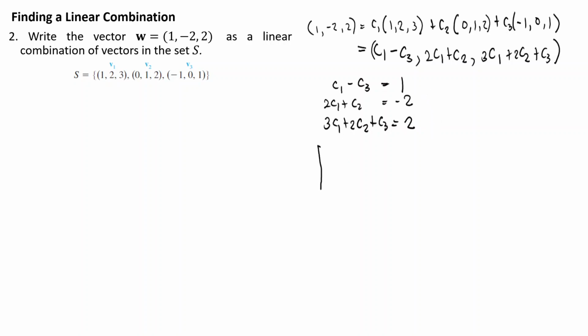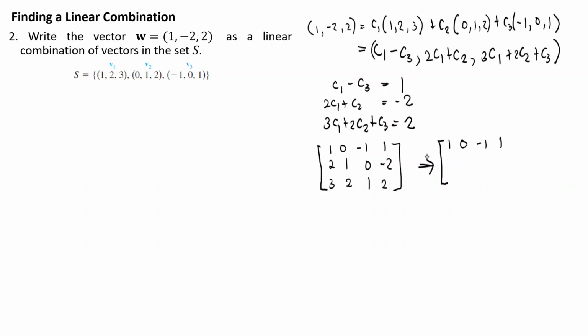Okay, so let us solve this linear system by Gaussian elimination. So we get the augmented matrix of this. We have 1, 0, negative 1, 1. Then we have 2, 1, 0, negative 2, and then 3, 2, 1, 2. Okay, so again, by Gaussian elimination, we can make these zeros by multiplying this by negative 2 and then adding to row 2.